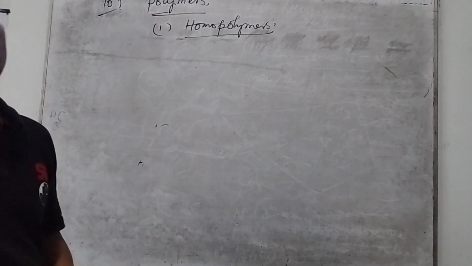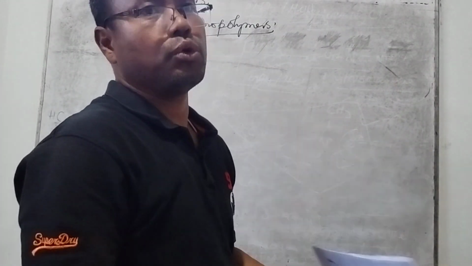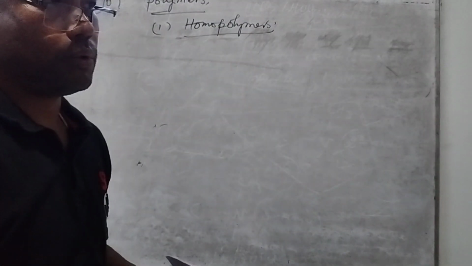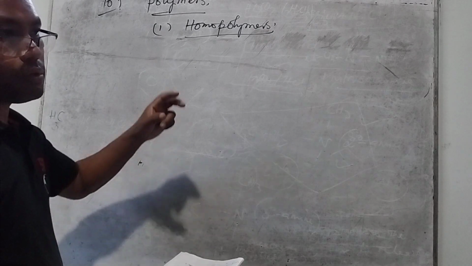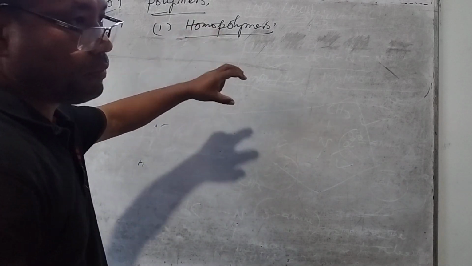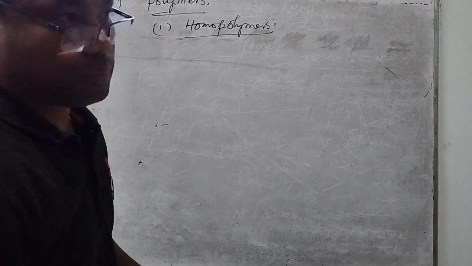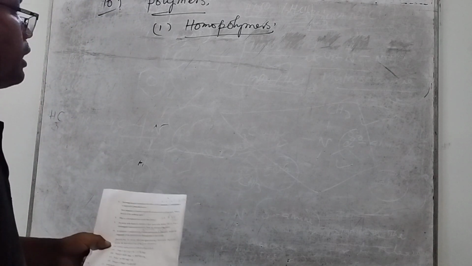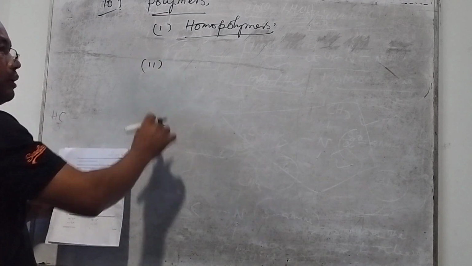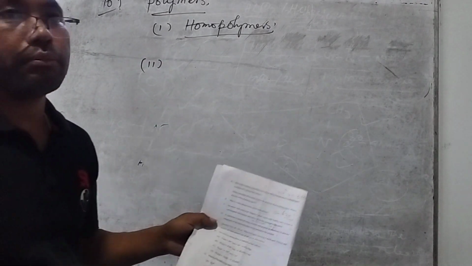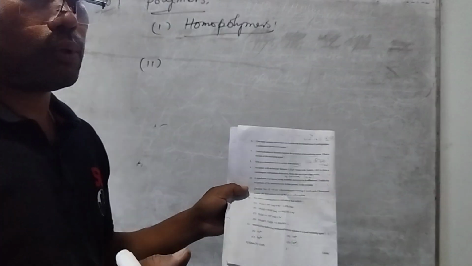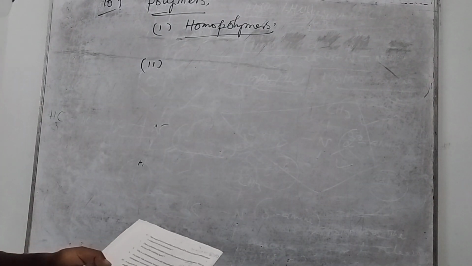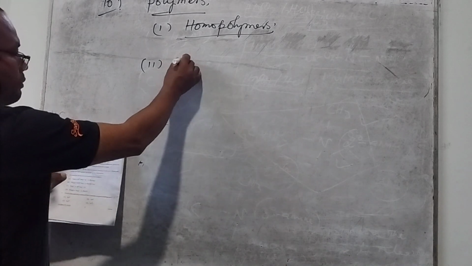Homopolymer means the same type of monomer, no different types of monomer. If we have the same type of monomer in the polymer, we call it a homopolymer. Number two, when different types of monomers polymerize to form the polymer, we call it a copolymer.